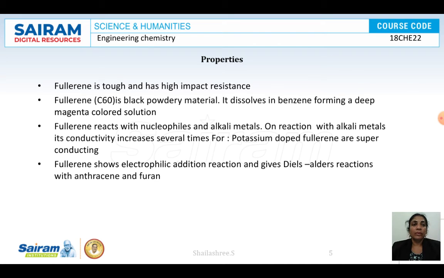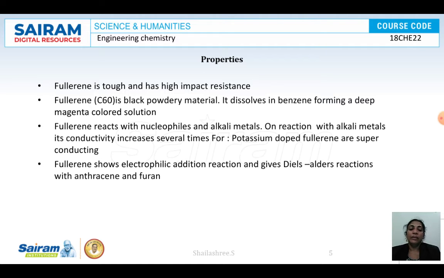Coming to the properties of fullerenes. Fullerene is tough and has very high impact resistance, and this C60 molecule of fullerene is black and powdery in color. It gives a magenta color solution with benzene, and fullerene reacts with nucleophiles and alkali metals, increasing the conductivity.